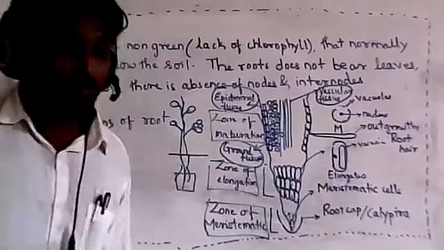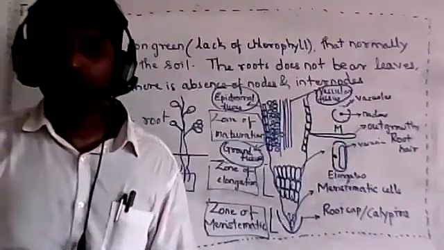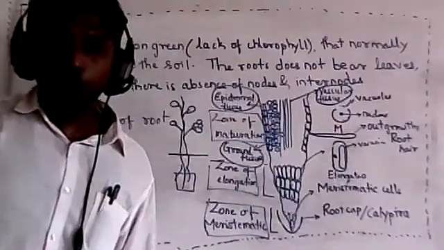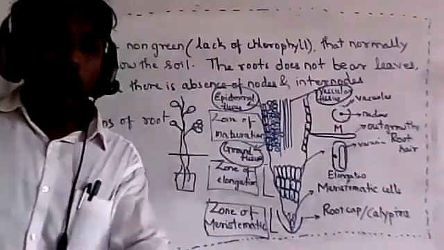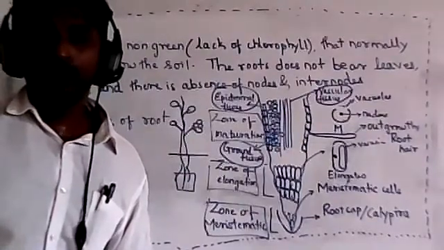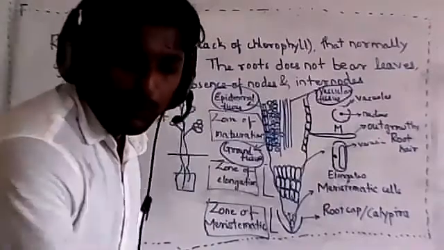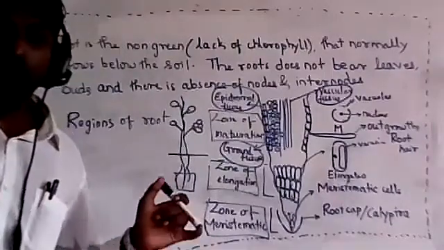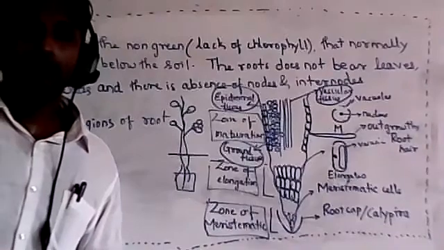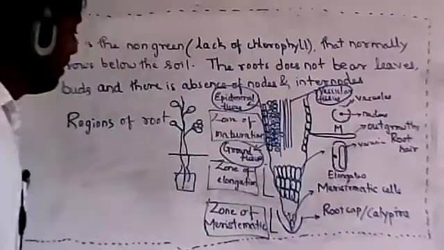Have you taken down this diagram? So that I will write the notes about these three zones. Is there anyone who has not taken this diagram? Okay, then I will rub this.